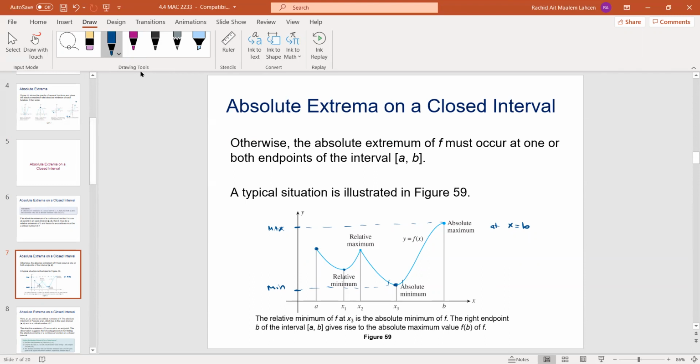So the relative minimum f at x3 is the absolute minimum of f. The right endpoint b on the interval [a, b] gives rise to the absolute maximum. All right. So at a we have neither, because at the endpoint you have either an absolute max, an absolute min, or neither.